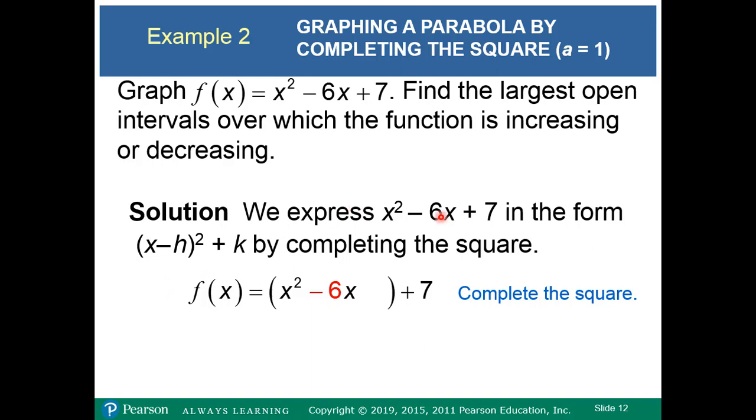So what we do is we're going to isolate the 7 from the rest of the terms. And then this is the piece we're going to complete the square with. So we're going to look at the middle term, and how do we complete the square? Well, one of the things that we remember about a square, it's going to be x plus some number quantity squared, right?